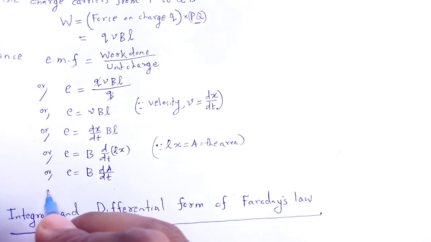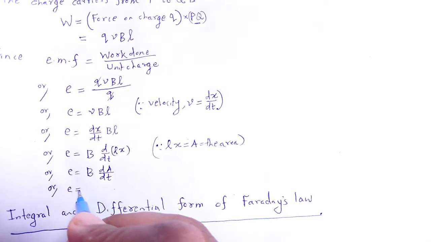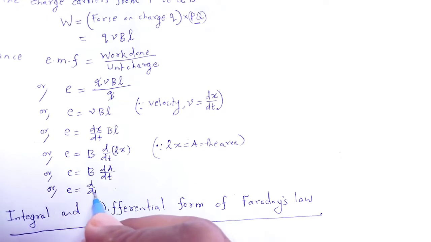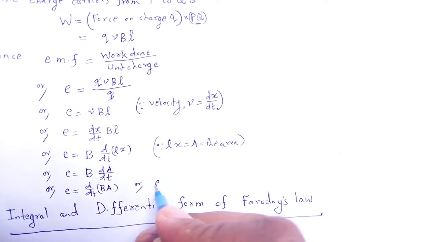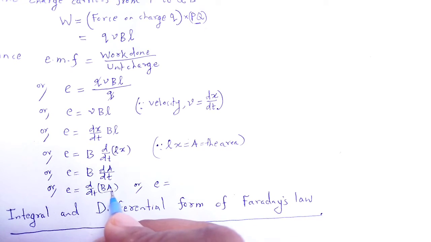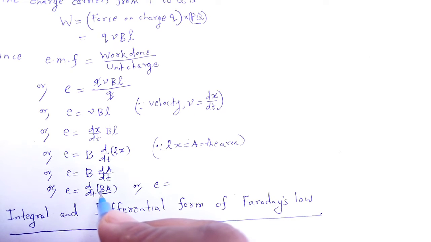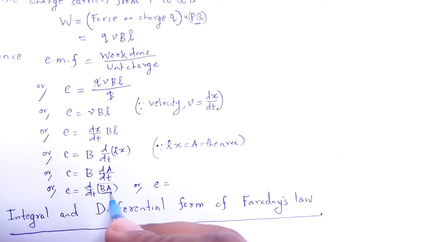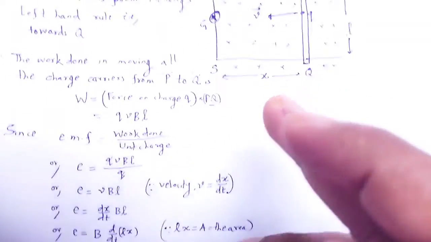or E is equal to d by dt of B into A. This is the magnetic field into area, that is the magnetic flux associated with that particular area.